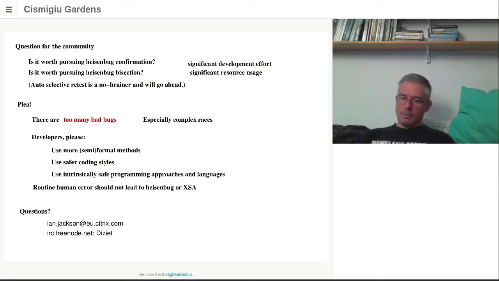And we make too little use of more modern ways of programming that are more intrinsically safe. So my baseline here is that routine human error should not result in awful Heisenbugs that are impossible to track down, or security advisories. We should try to arrange that straightforward individual mistakes by programmers are either avoided or caught somehow.